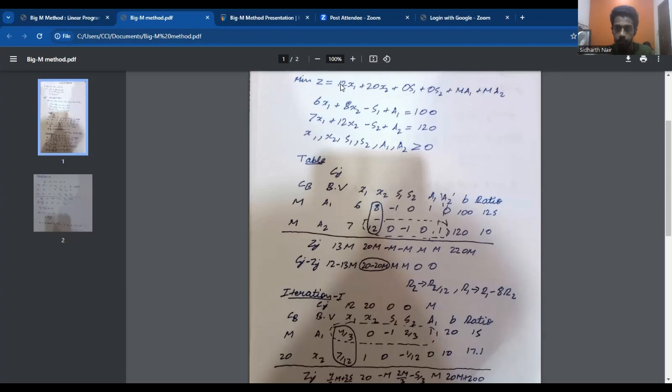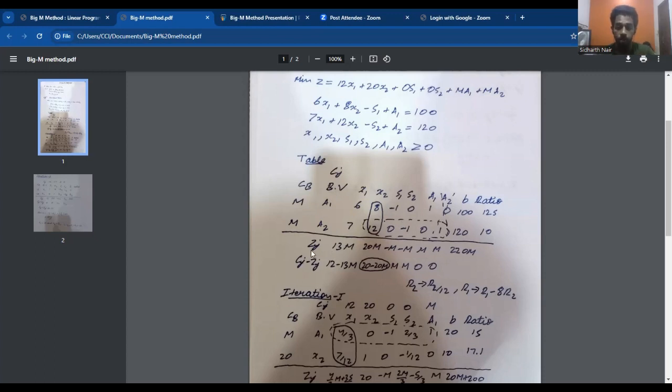A1 and a2's cost is M. Now the values here represent the coefficients of the basic variables in the constraints. Here x1's value is 6 and 7, 8, 12, and so on.